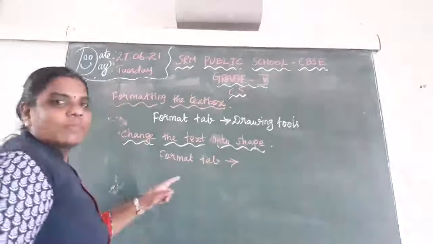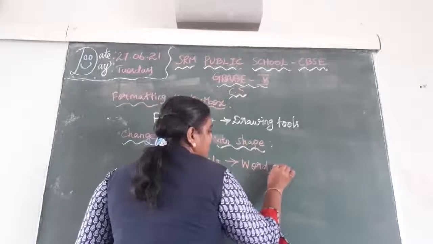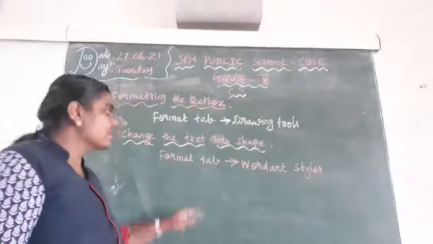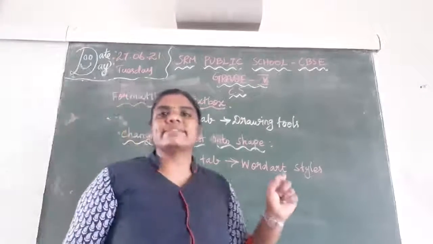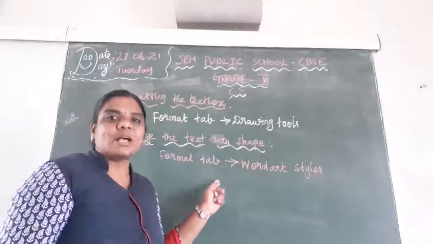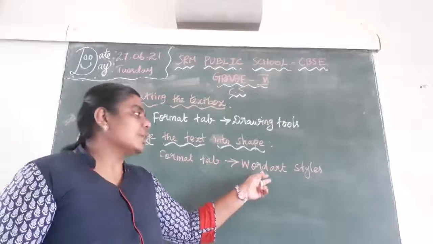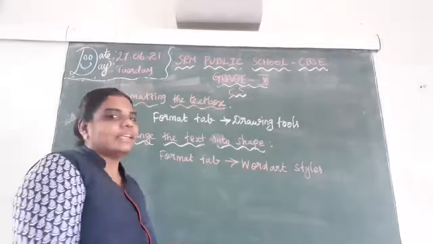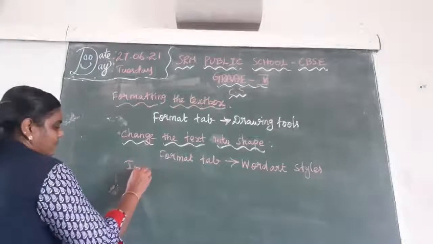In this tab we can go to word art styles group. Suppose we need to change the text into shape, we go to format tab, then to word art styles group. By using this group only we can change the editing. Understand? Next one, inserting shapes.